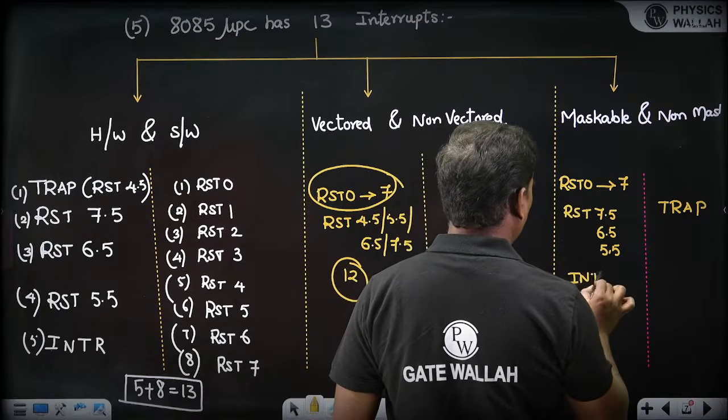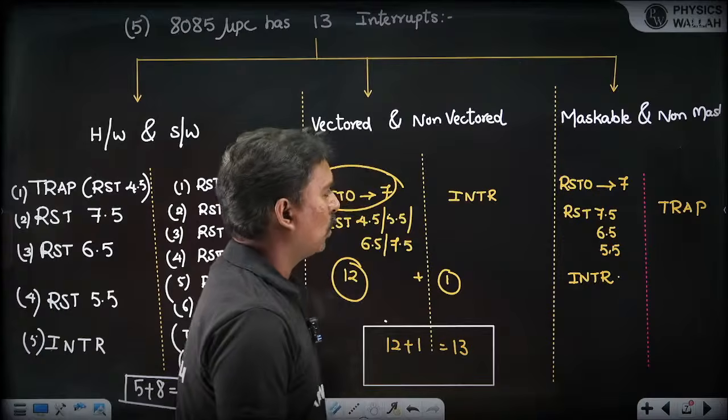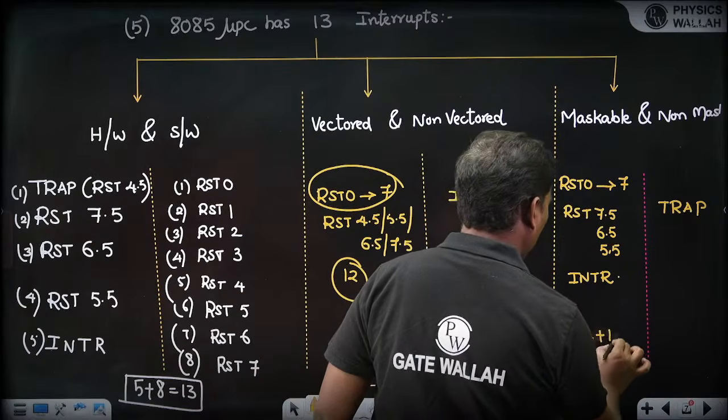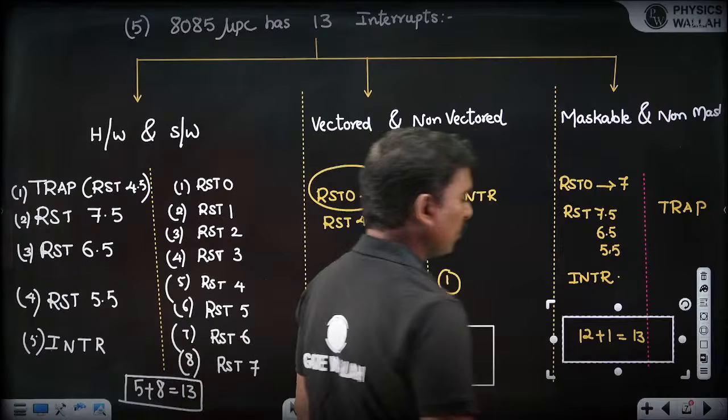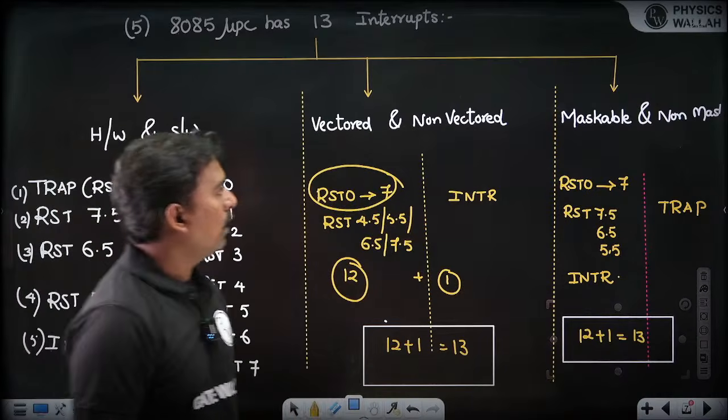So TRAP is the non-maskable. So total 12 plus 1, that is equal to 13 interrupts.